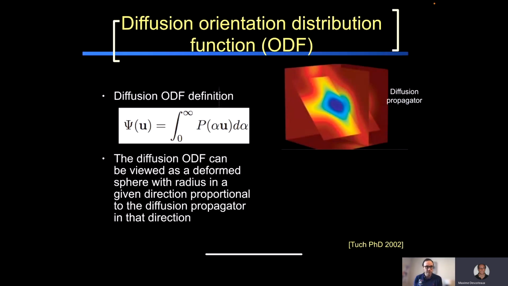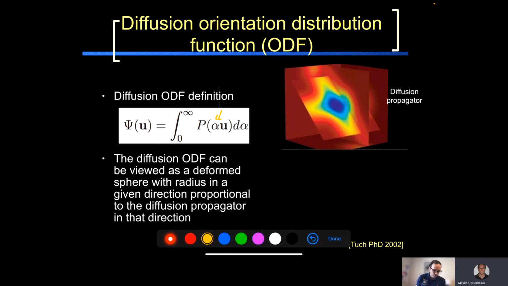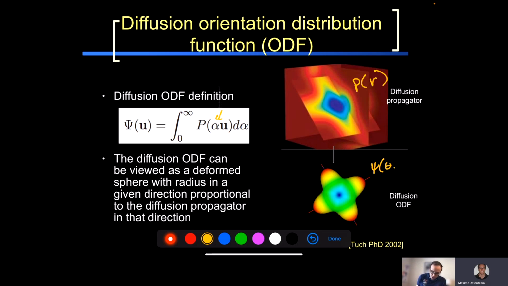So back to the math, we saw that we could integrate the radial part. So this is just another formulation that I showed you in the past slides to transform the diffusion propagator P of R into a diffusion ODF psi of theta phi.